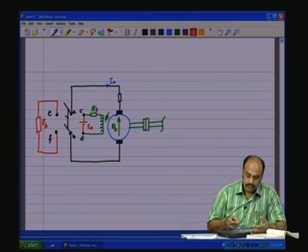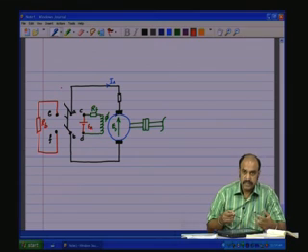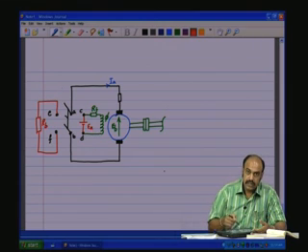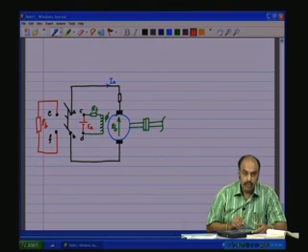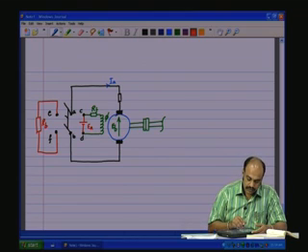which means now the whole system is acting like a generator. The inertia is rotating the shaft, there is a generated voltage EB, which is going to be seen as a voltage across the terminals of the motor here, and then applied to a load RB.